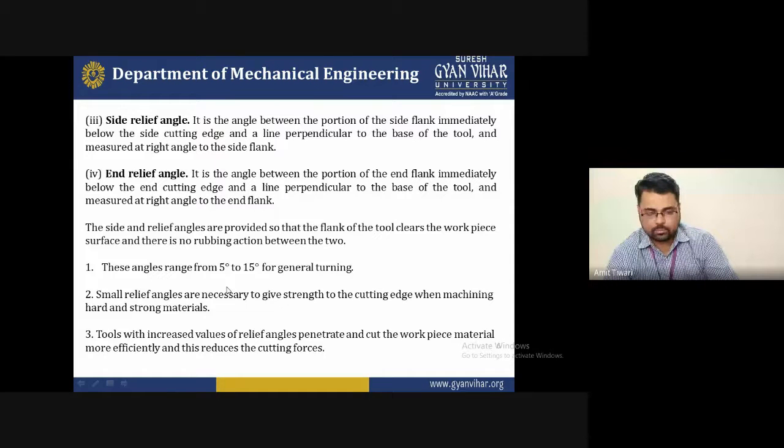Third, increasing the value of the relief angle helps the tool cut the workpiece material more efficiently, and this reduces the cutting forces.